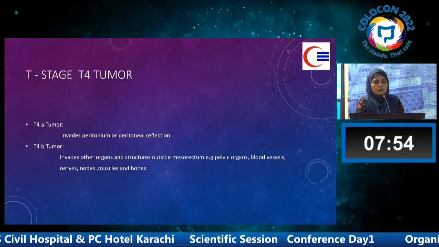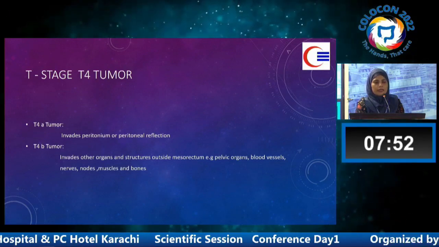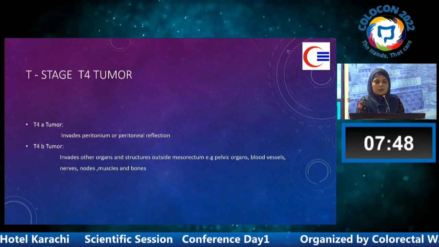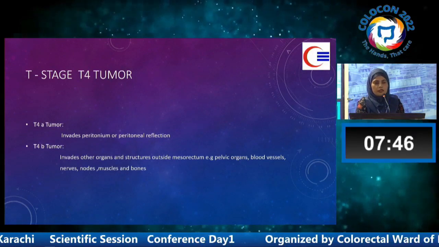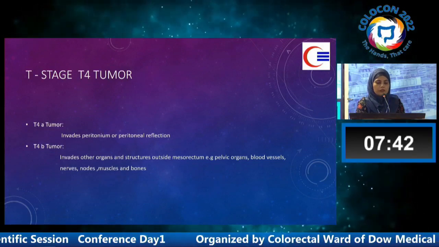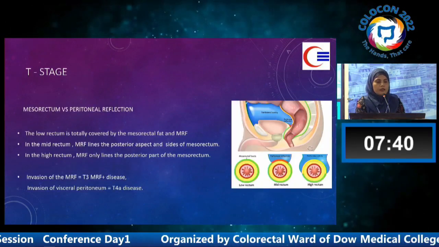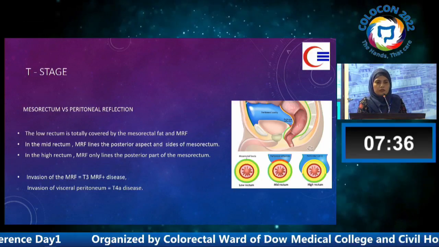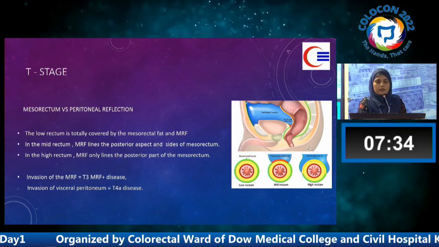Then comes T4 tumor. T4 tumors are those which involve the peritoneum. They are called A if there is only peritoneal involvement, and B if extra-mesorectal organs are involved, and that organ can be any structure, can be blood vessel, fat, or even bone. So differentiation of mesorectum and peritoneum is very important on imaging, and there are different landmarks.